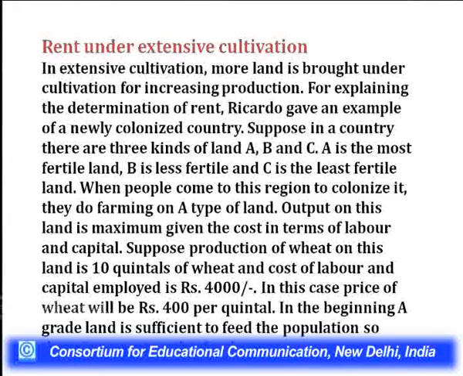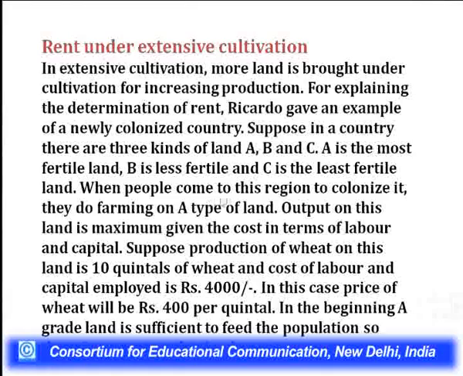For the determination of rent, Ricardo gave an example of a newly colonized country. Suppose in a country there are three kinds of land, A, B and C. A is the most fertile land, B is less fertile and C is the least fertile land.